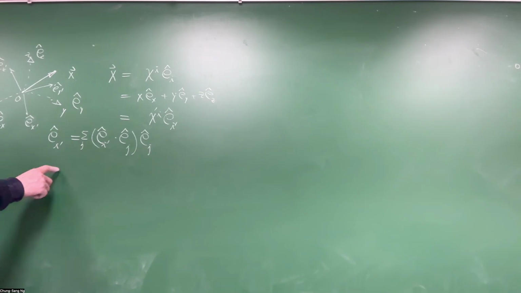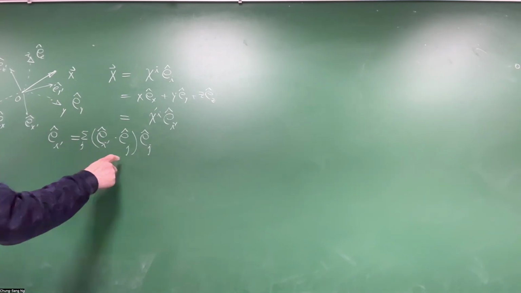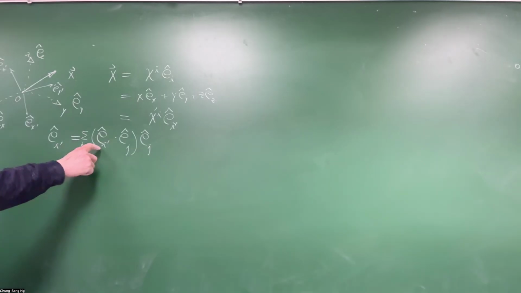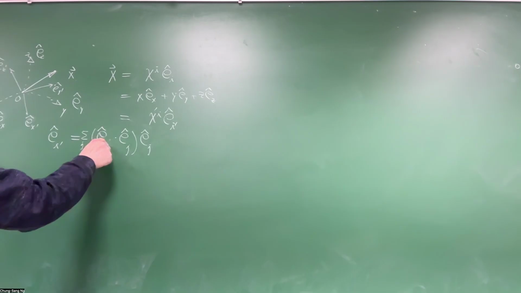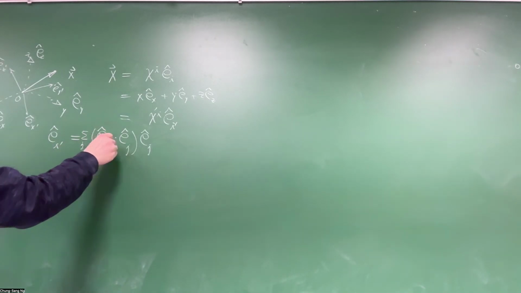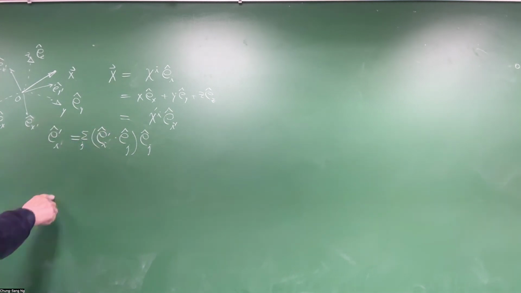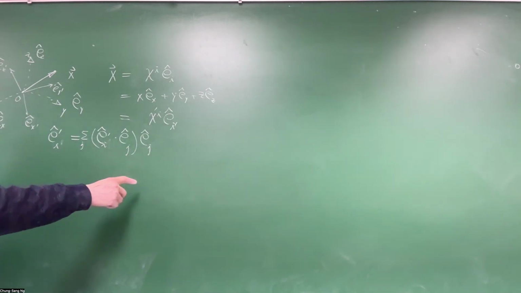Okay, and if you write it explicitly, this is like a matrix multiplication. This object is a matrix, I and J. I actually should put the prime on the unit vector instead, and I and J is still summing from 1 to 3.